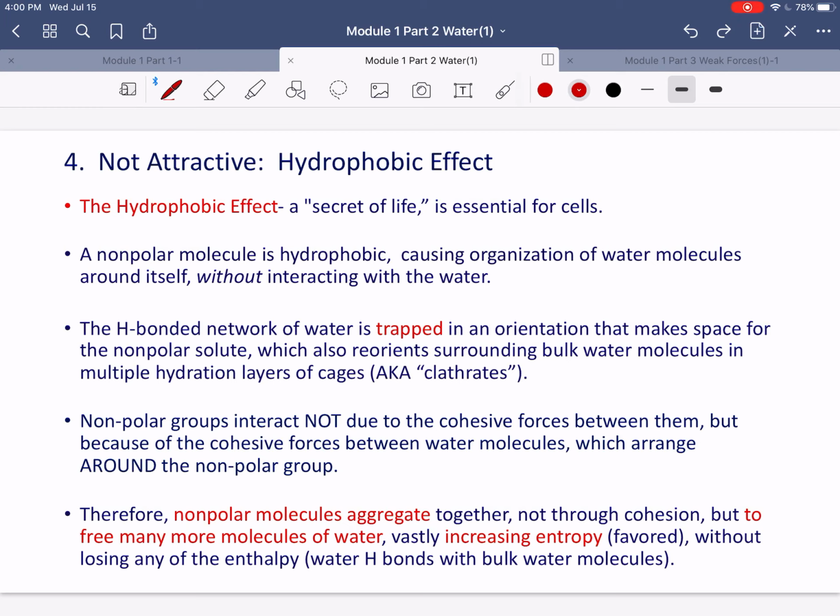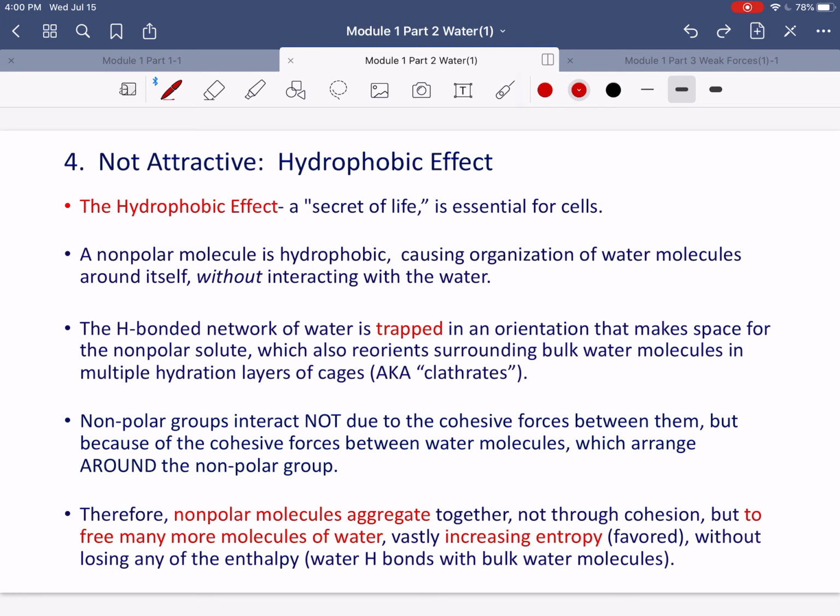And so that's what we mean when we say that the oil droplets cannot interact with the water. They have no groups with good hydrogen bond donors or acceptors, and they're certainly not charged. So they can't form any favorable interactions with the water molecule itself. And so they crowd together, being pushed away from the water so that the water is minimally interfered with.